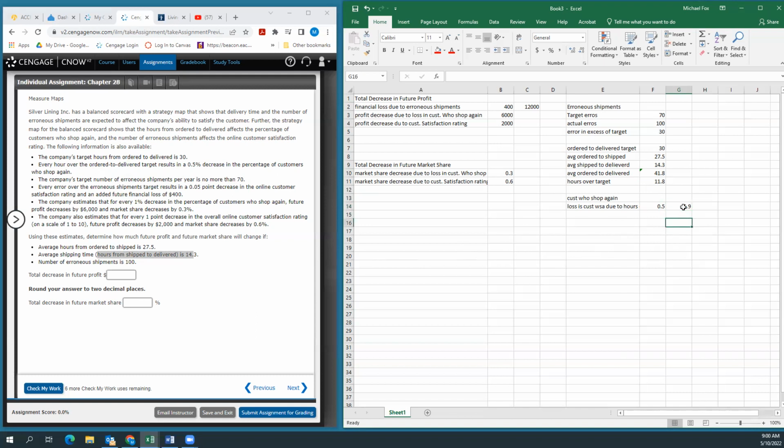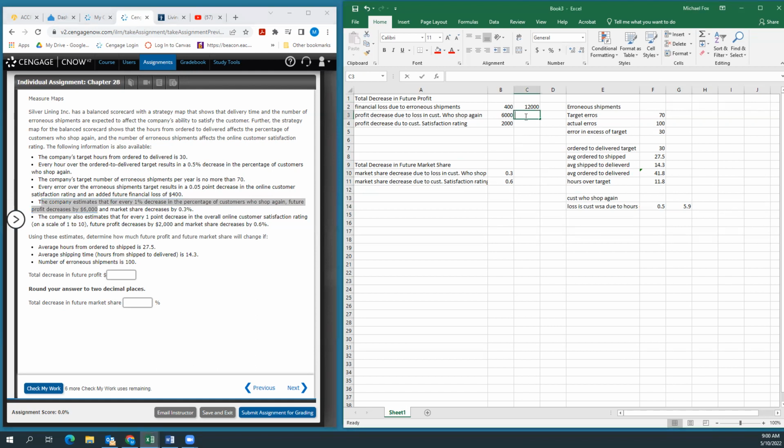So now that we have that number, this loss of 5.9% customers who shop again, and we know that there's a $6,000 loss in profit for every 1% decrease in percentage of customers who shop again, future profit decreases by $6,000.